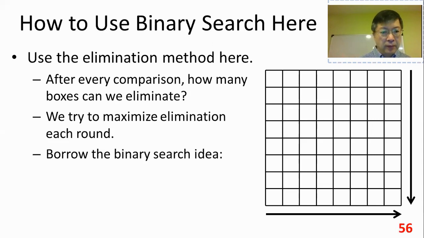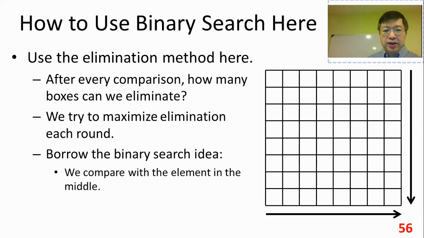Here, our main experience still comes from binary search. In binary search, we compare with the element in the middle. The original binary search has an array, so actually that's just a line, with elements distributed along a line.